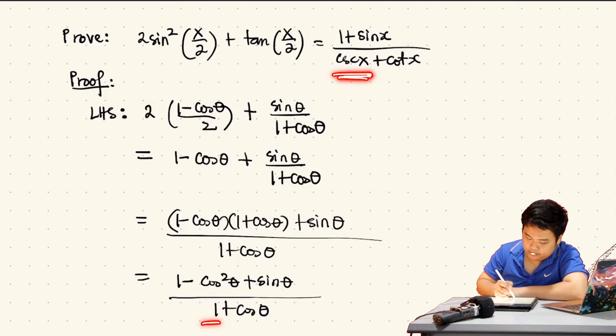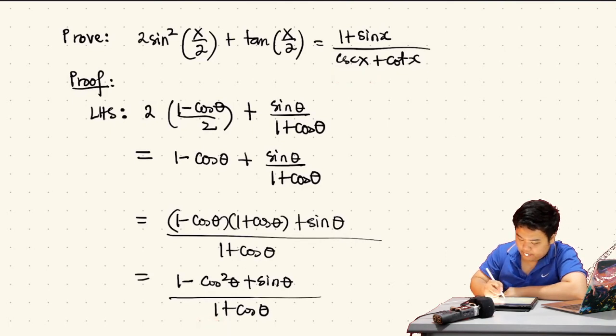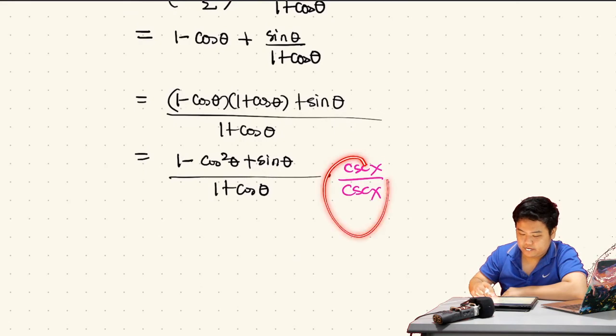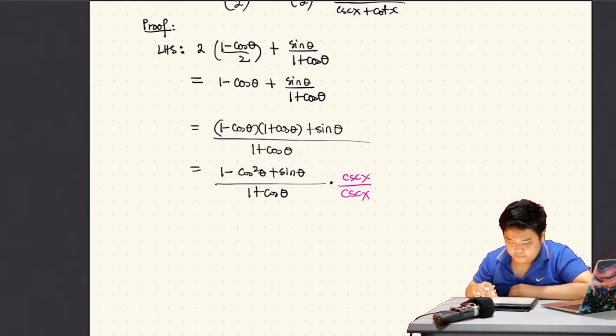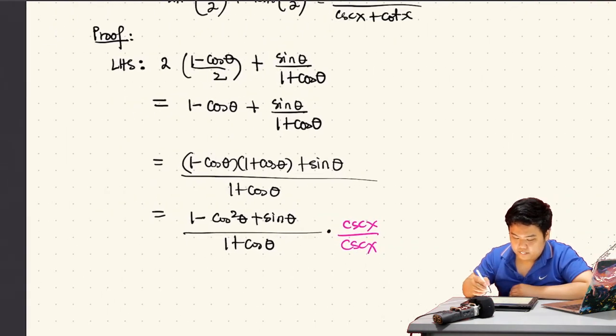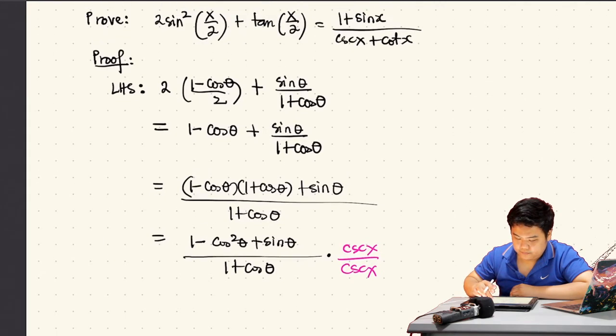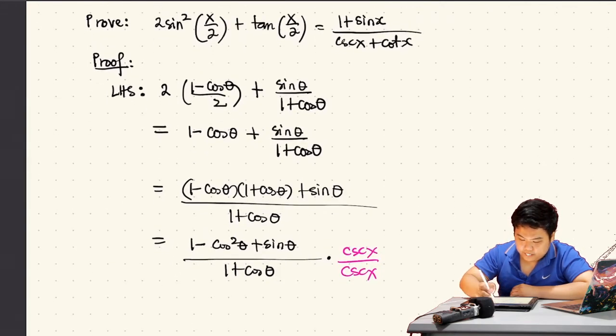Parang ito yun, no? So, mag-multiply tayo everywhere ng cosecant x. So, 1 lang ang value nito.